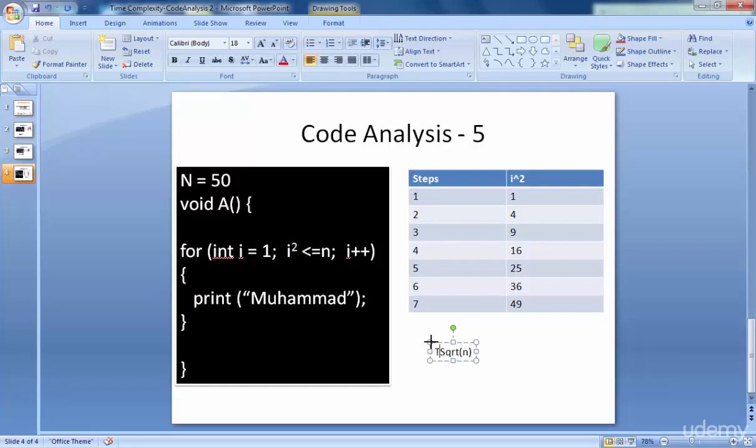So the time complexity equals to square root of n, right? Again, try to guess the pattern, and then with the help of that pattern, you can easily analyze how we can take out the runtime, the time complexity of the code.